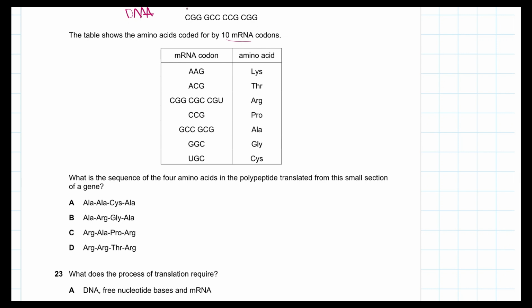Therefore, it's going to be GCC, CGG, GGC, and GCC. Now, GCC here is going to be alanine, and CGG is going to be arginine. Therefore, the answer is going to be B.